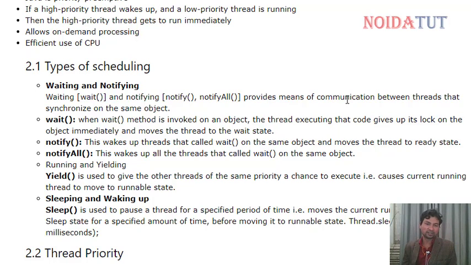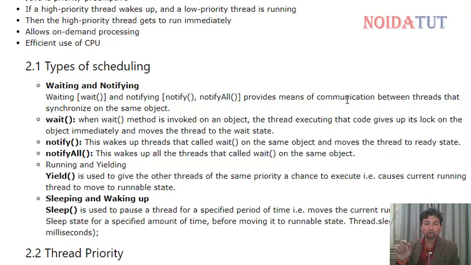Running and yielding. Yield is used to give other threads of the same priority a chance to execute. That is, it causes the current running thread to move to the runnable state. Sleeping and waking up.